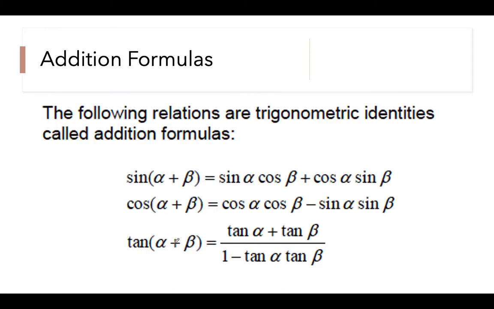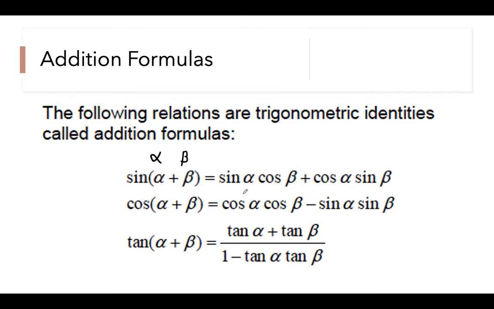First, the addition formulas. These are the three addition formulas that you have to know how to use. Let's assume that we have two different angles, alpha and beta. Sine of the compound angle alpha plus beta is equal to sine alpha times cosine beta plus cosine alpha times sine beta.